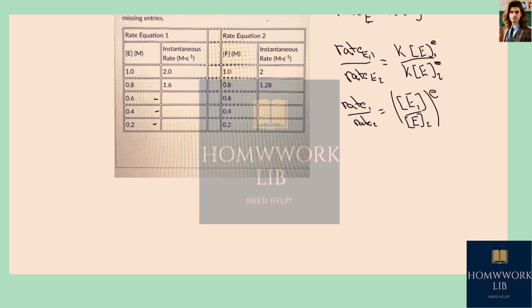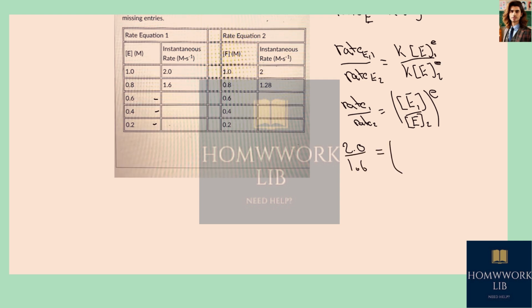Here I'm just going to explain it for E, and then we're going to do the same thing for F, and we're going to see what happens. So in this case, for E, the rate goes from 2.0 in trial 1 to 1.6 in trial 2.